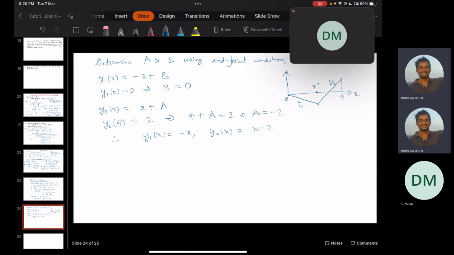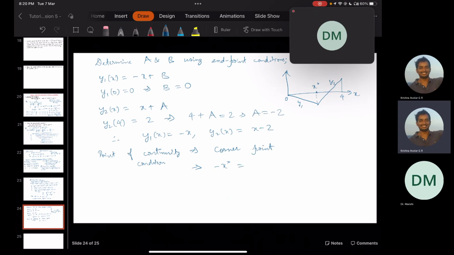Now let's determine the corner point using our continuity condition. So then this implies that minus x star is equal to x star minus 2, and this gives us 2 x star is equal to 2, and this gives us x star is equal to 1.